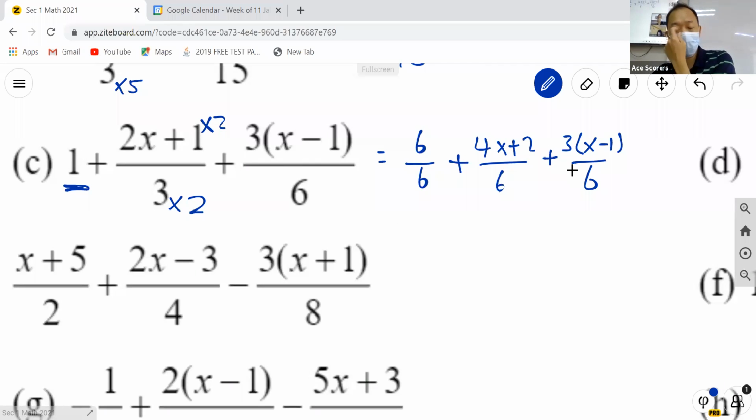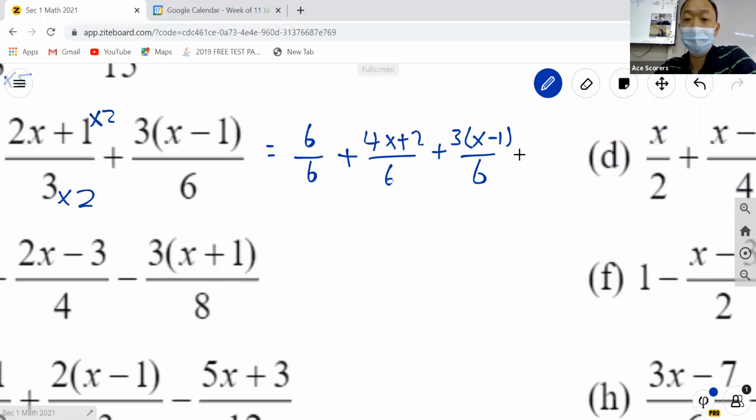Once you have the common denominator, this is easy because they are all additions, so you just add everything. The denominator is just 6, so in the numerator you add up everything. Wait, no, must do the rainbow method.